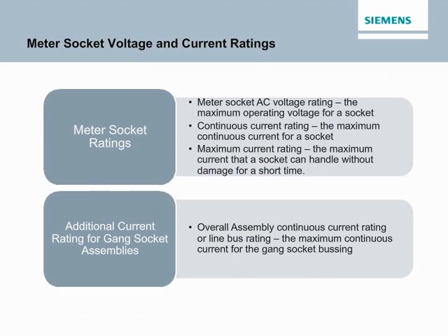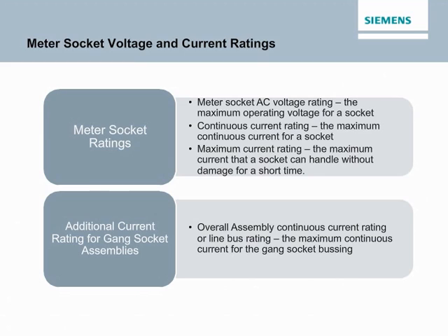As the name implies, the continuous current rating is the amount of current that the meter socket can handle continuously without damage. The maximum current rating is the maximum current the socket can handle without damage for a short time. UL 414 allows the maximum current rating for a meter socket designed for a single-phase 3-wire service to be no greater than 125% of the continuous current rating.